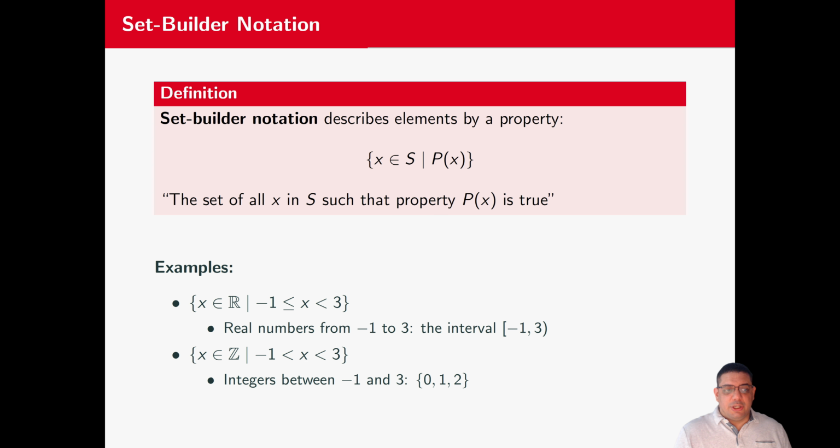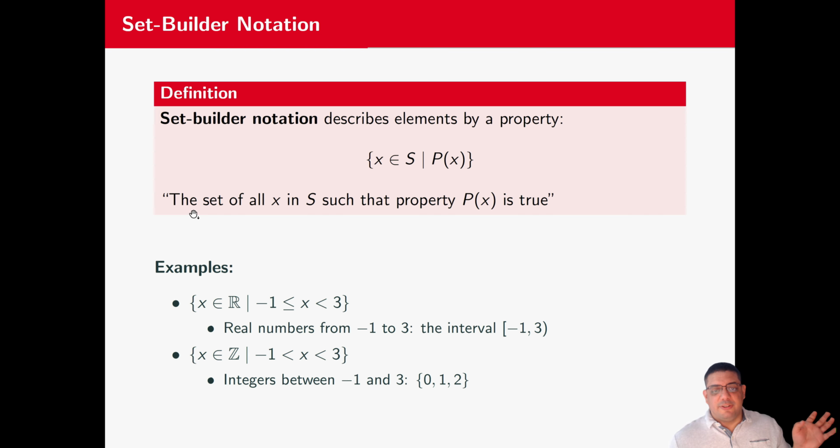Now, that was roster notation, but we can also use set builder notation. Set builder notation describes elements by a property. It is given by something like this: the x's that belong to a certain set S so that they hold a property p of x.